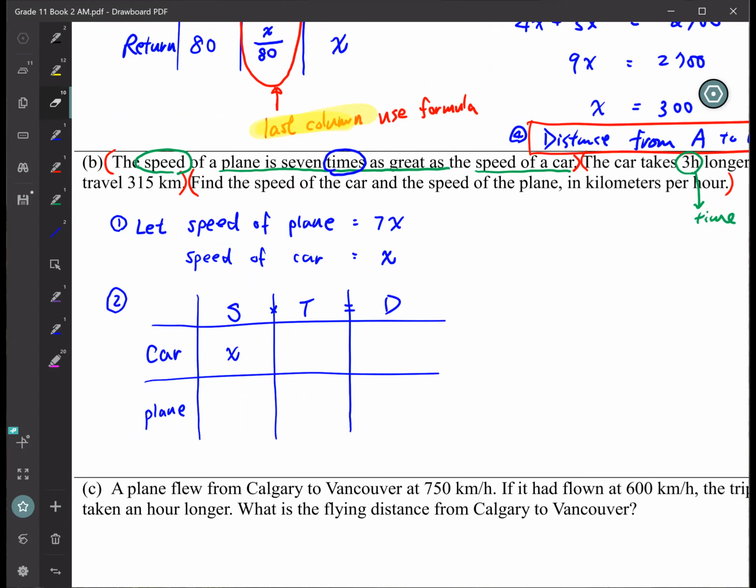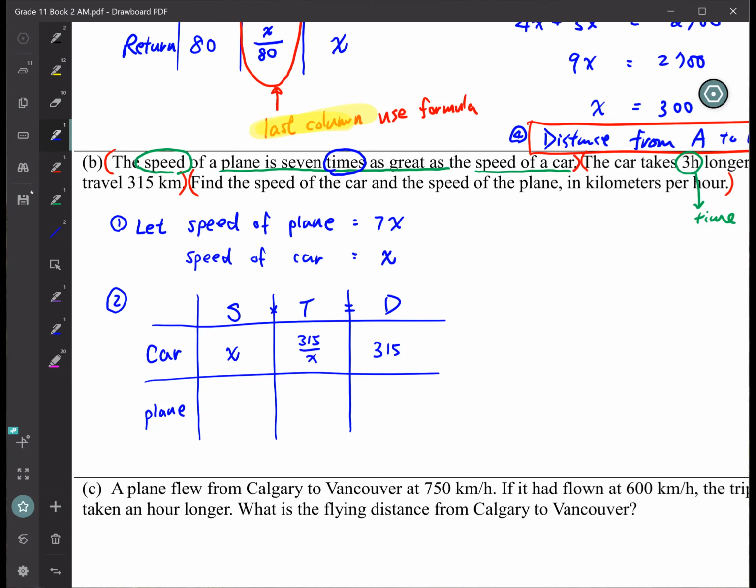Speed is x, distance is 315, and time is 315 over x. Okay, let me write that down. So distance is 315 and time is 315 over x. Is that what you said? Yeah, that's what I said.